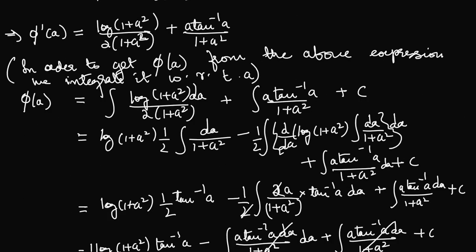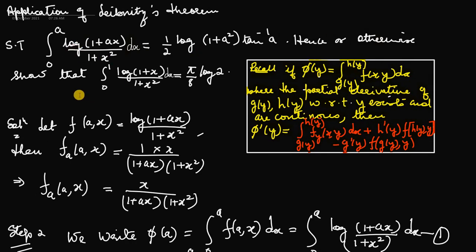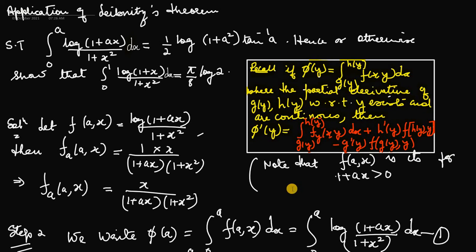Here you please note down, in this case, that f(a)x is continuous for 1 plus ax greater than 0. Because what is f of ax? It is log of 1 plus ax by 1 plus x squared. So if this term is greater than 0, then log of this one will be continuous.